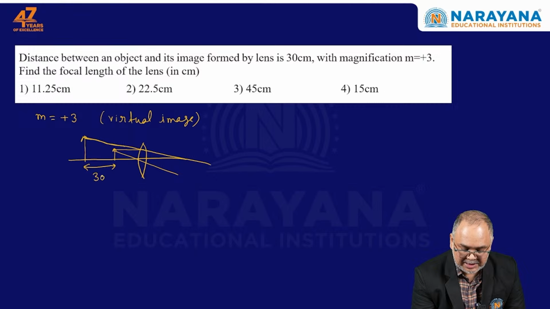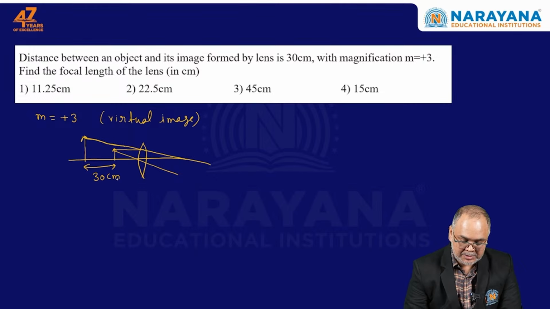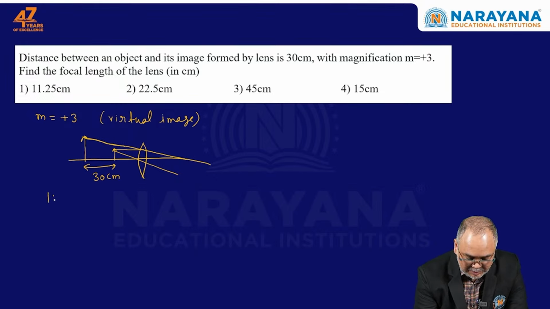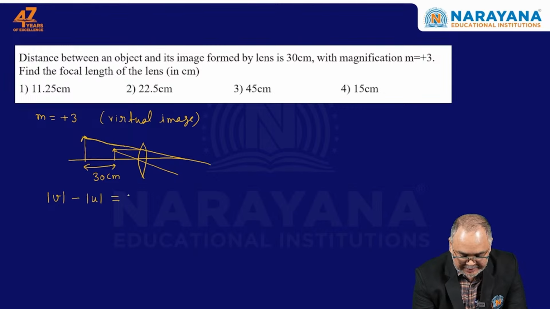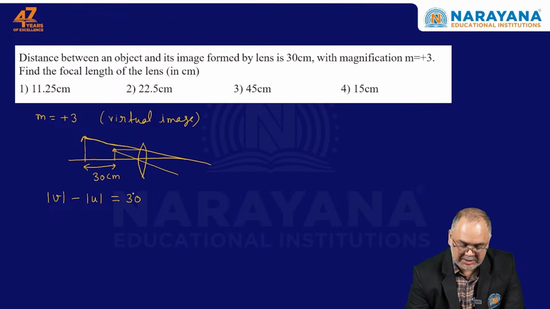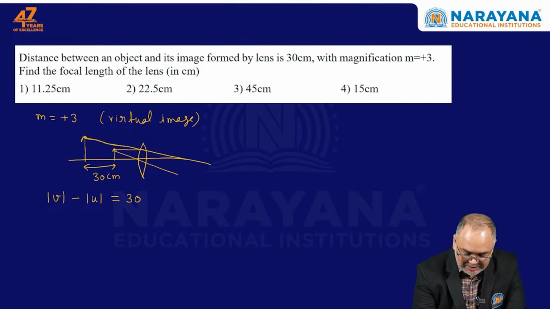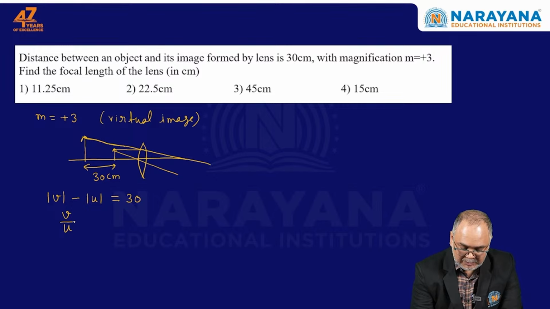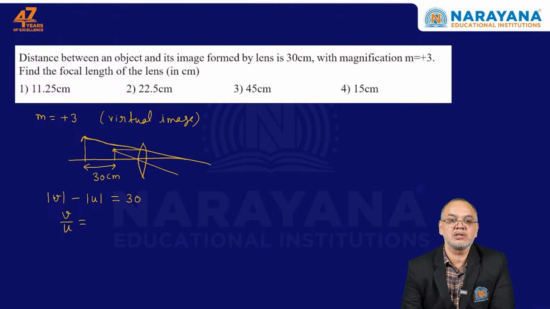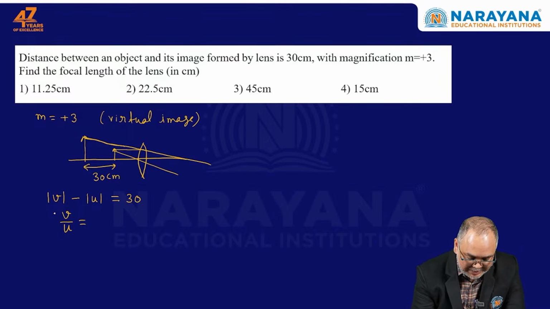The distance between the object and image is given, that is 30 centimeter. So I can write here mod V minus mod U is equal to 30. And magnification I can write V by U. In this we require the magnitude only, because in this first equation I need to substitute the magnitude. So magnitude of this is equal to 3.